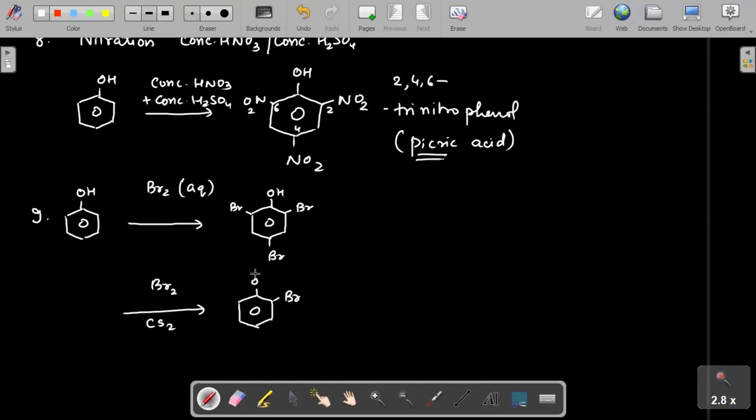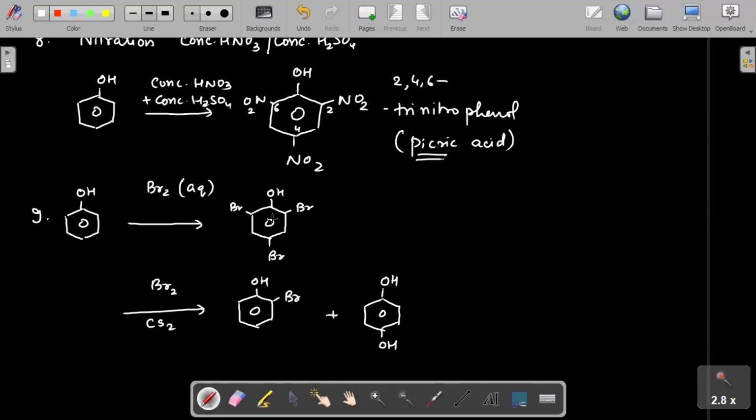Here, ortho and para. Okay, so this is a reaction in aqueous medium. We'll get the tribromo derivative.